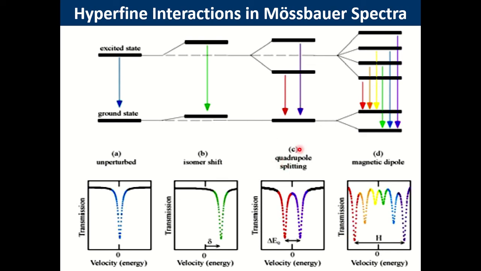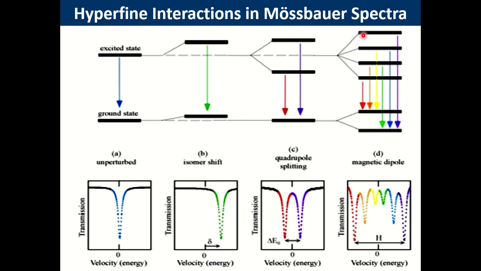So this is the quadrupole splitting. This is due to the electric field gradient, and then we add another term, that is the magnetic field. That magnetic field could be external, or internal, due to the orbital motion of electrons, spin exchange, spin polarization, or spin magnetic moment.